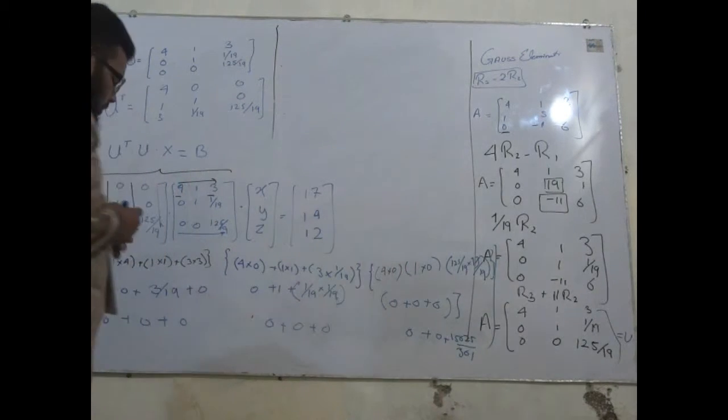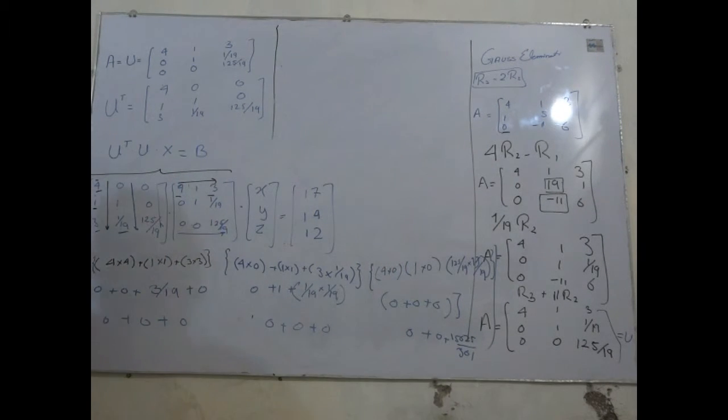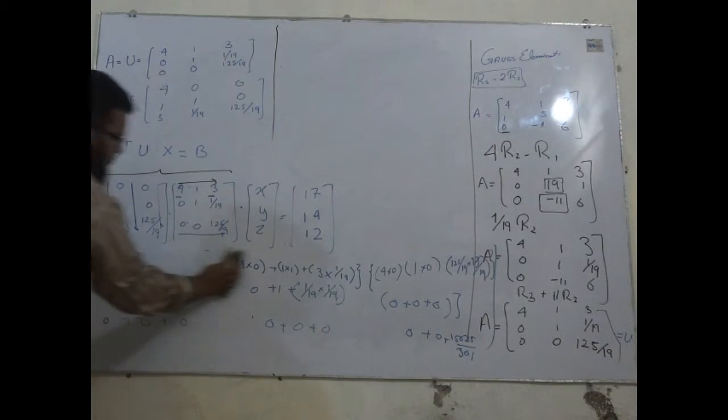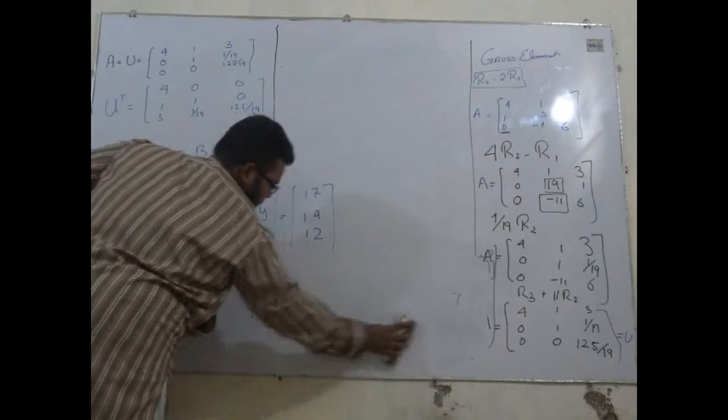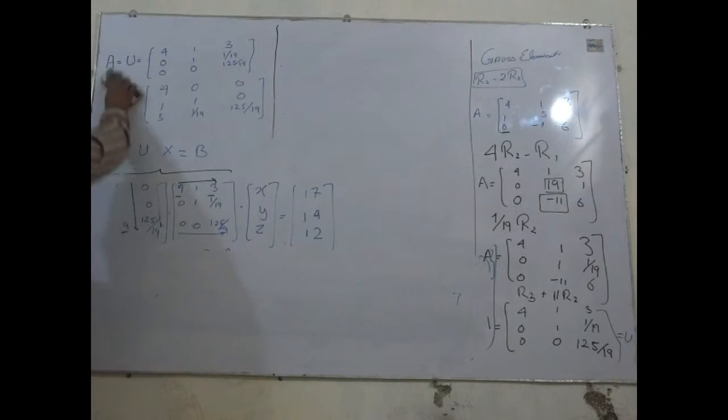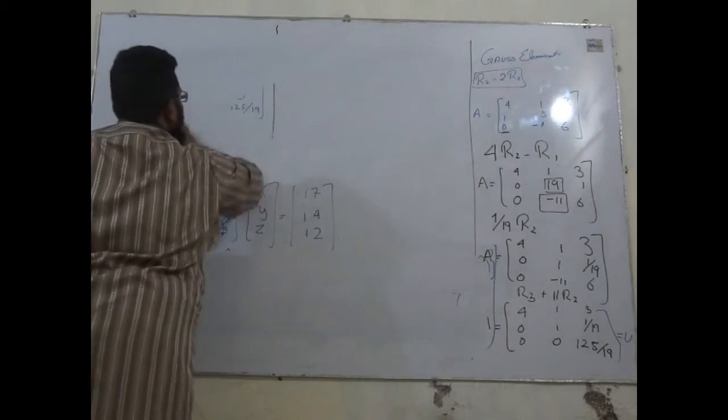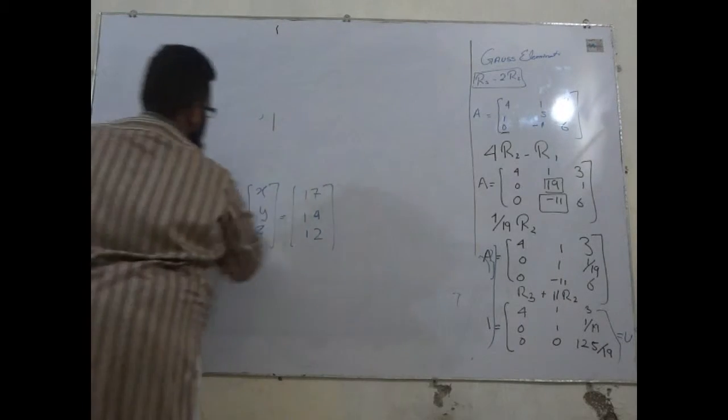This will be our matrix. Okay, this is the multiplication of U into U transpose. Now I am going to rub all of this.